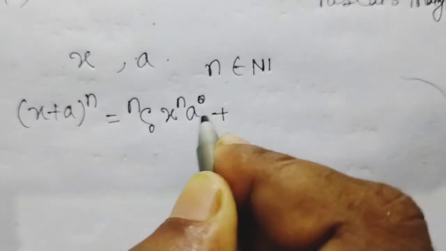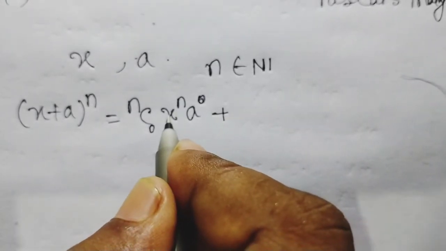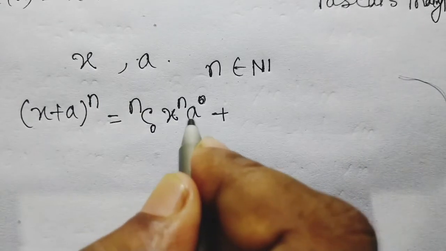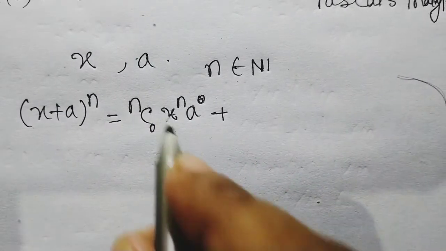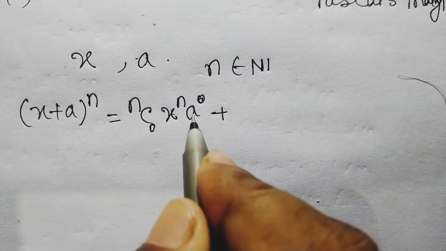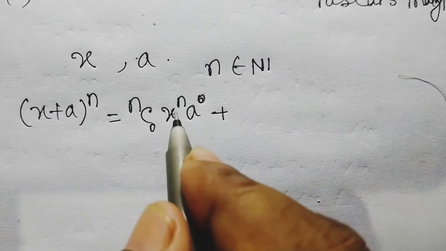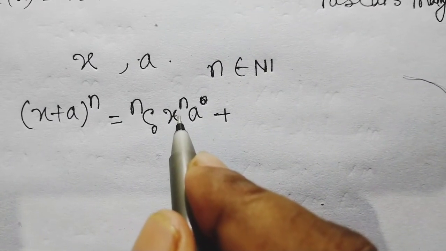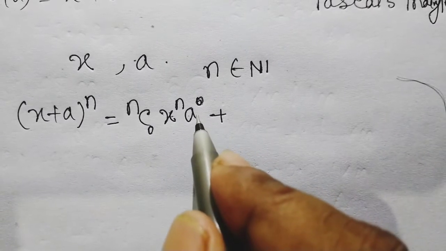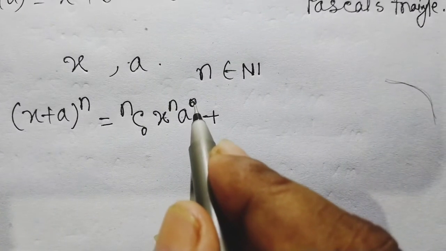Next, the total sum of the powers will always be n; x decreases and a increases. If x decreases by 1, it is n minus 1, and a increases by 1.